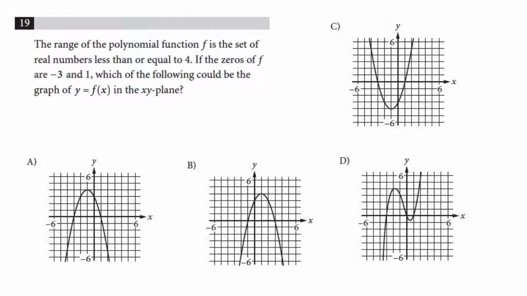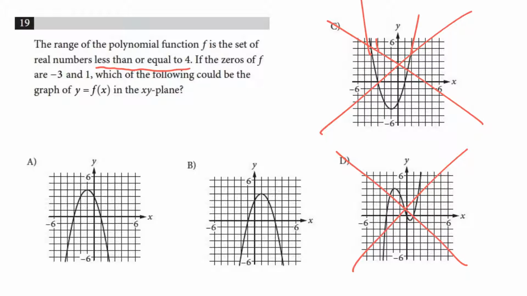I can right away rule out D because there are 3 zeros in that one, and we know that y, the value of the function, has to be less than or equal to 4. So we're going to rule out C because this is greater than 4 going up.